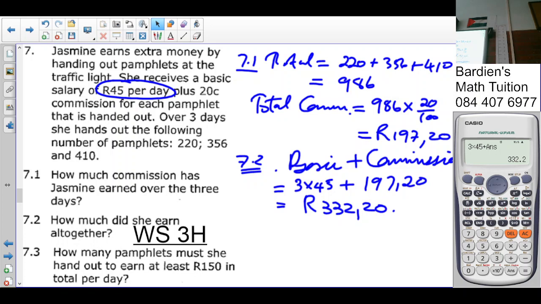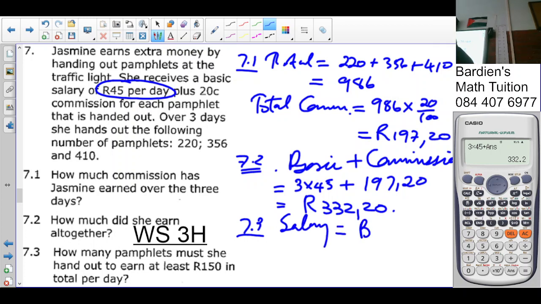The next question says 7.3. How many pamphlets must she hand out to earn at least 150 rand total per day? So she needs to end off with 150 rand. The salary for the day is made up of basic plus commission.